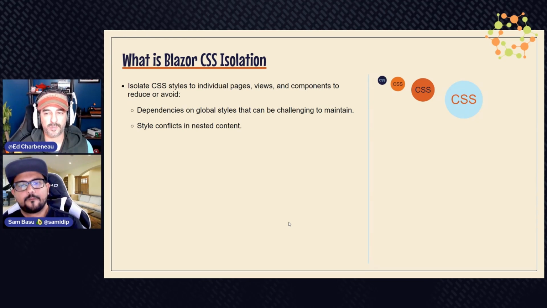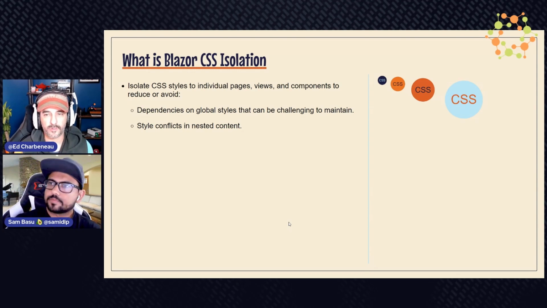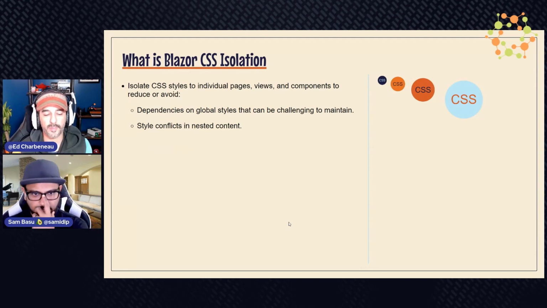What it does is it takes the CSS code and bundles that with the component in a file that's named in the same naming convention as the component itself. This helps you maintain your code without stepping over other CSS properties and things. It kind of takes the cascading out of cascading style sheets.